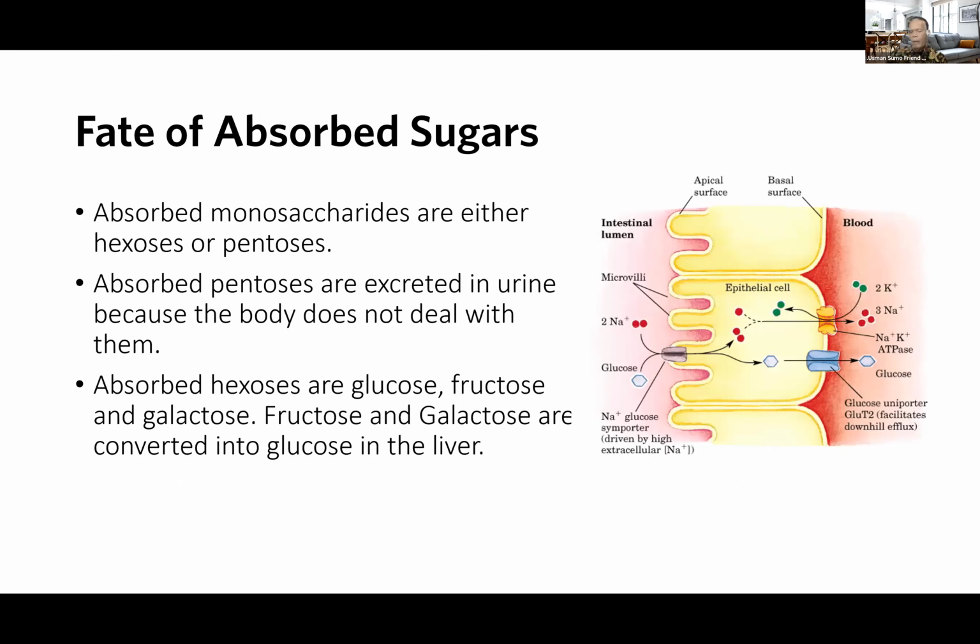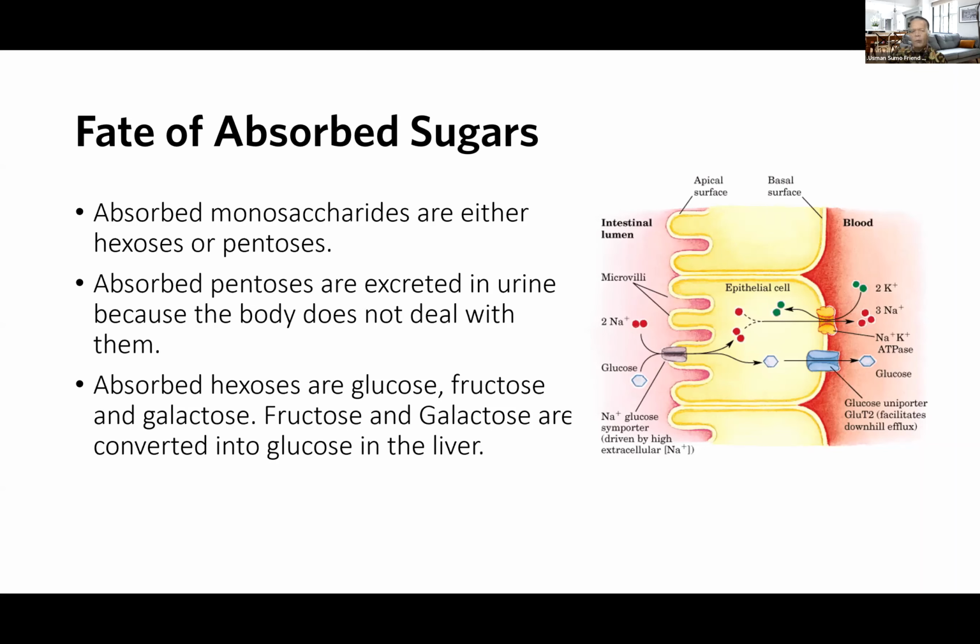Then, if we discuss this glucose, what is the effect of absorbing these sugars? The first one, we should understand that absorbed monosaccharides are either hexose or pentose. Absorbed pentoses are excreted in urine because the body does not deal with them. And lastly, absorbed hexoses are glucose, fructose, and galactose.